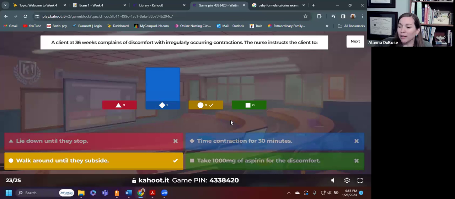I would recommend that she times contractions for 30 minutes. So I think the key here is that the contractions are irregular, so you can predict already that they are probably false labor contractions, and that walking might help. So that's probably why this is the choice here.